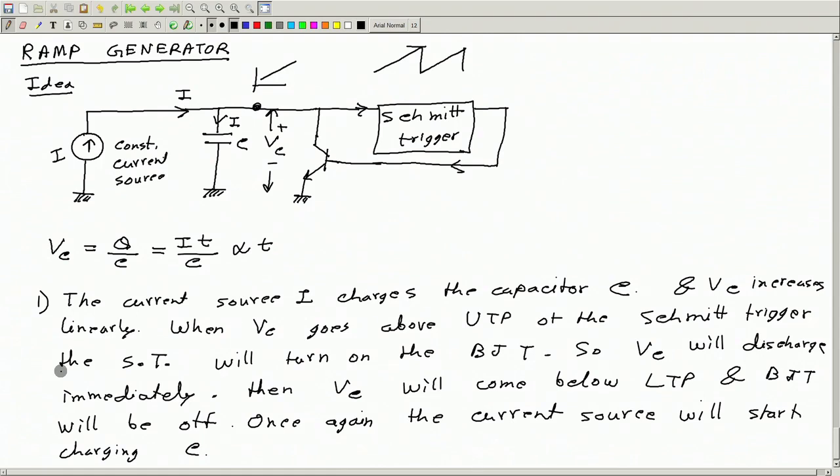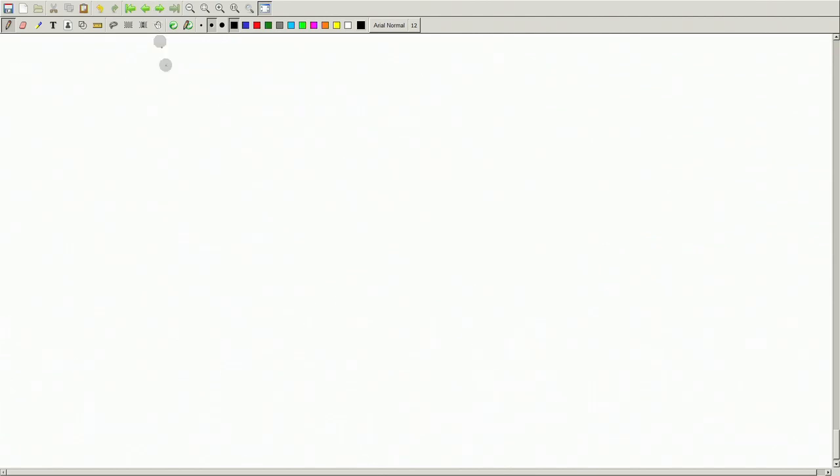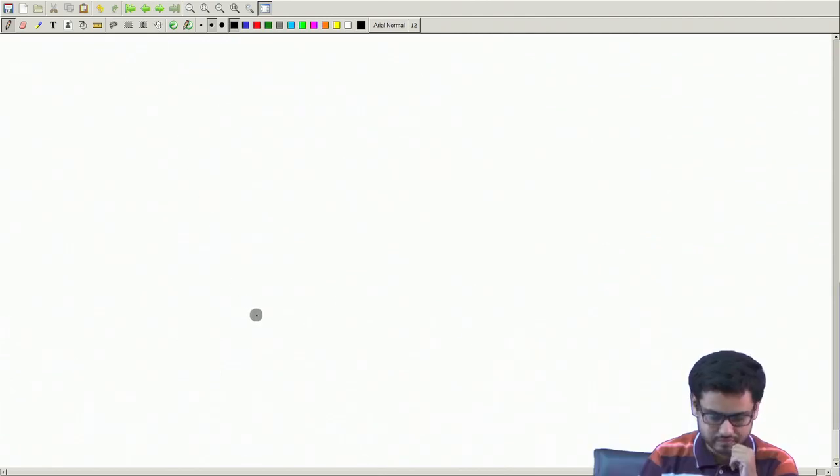Now, if you want to draw a better scheme, with better detail, then we have to give some circuit for this current source, some circuit for this Schmitt trigger, etc. So let's try that.